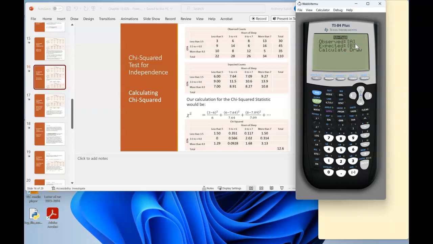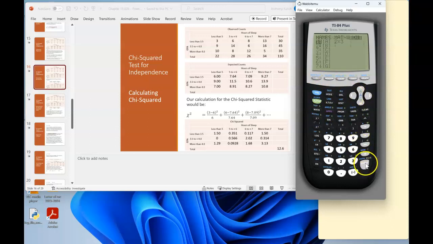A matrix. So all I'm going to do is type my observed counts table into a matrix. For expected, it wants a matrix too. So I'm just going to type my expected counts into a matrix, and then I should be good to go.